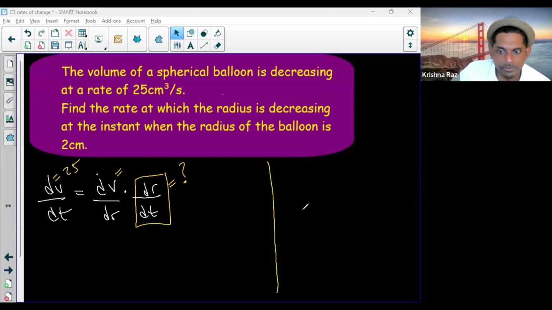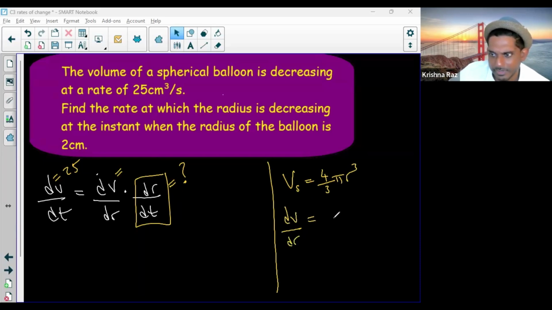So the volume of a sphere is 4/3 pi r cubed. So dV by dr is 4/3 times 3, which is 4 pi r squared. We're told an instant when the radius is 2, so that gives us 4 times 4 pi.